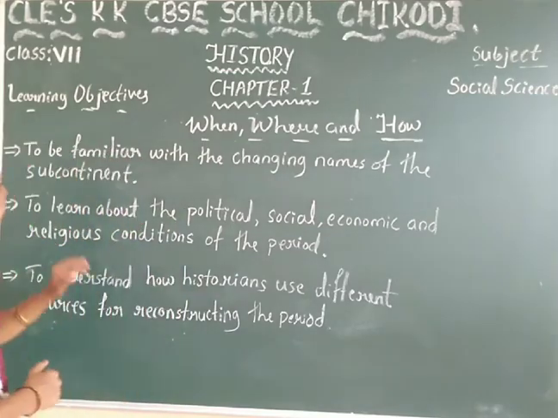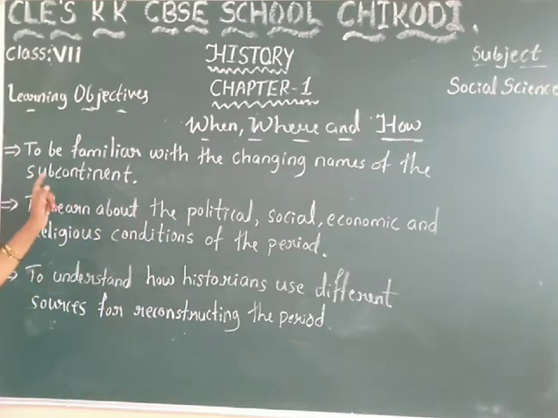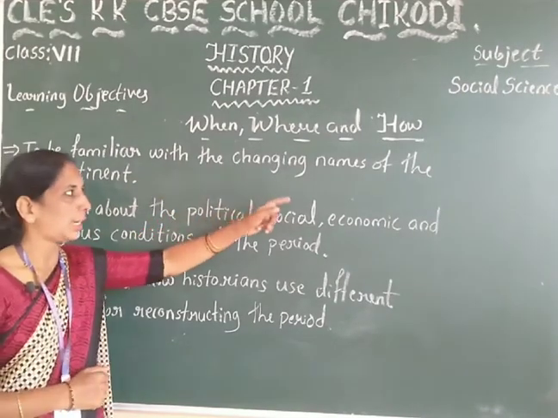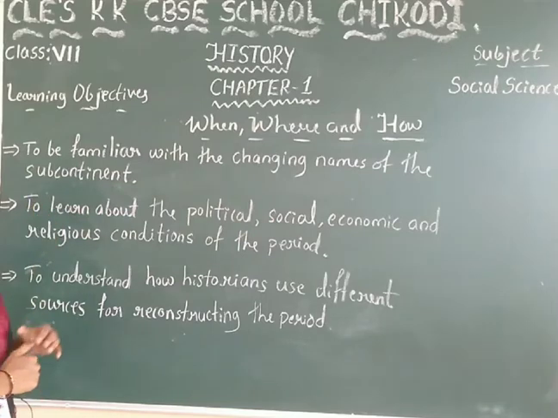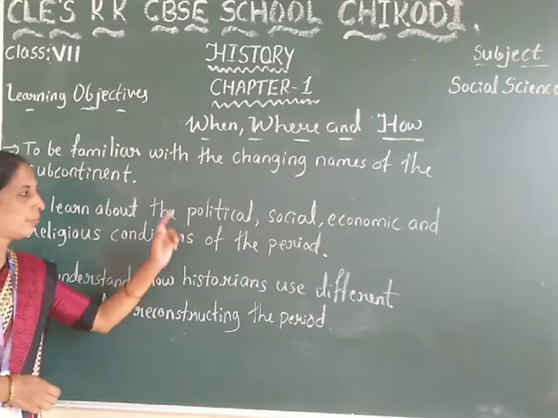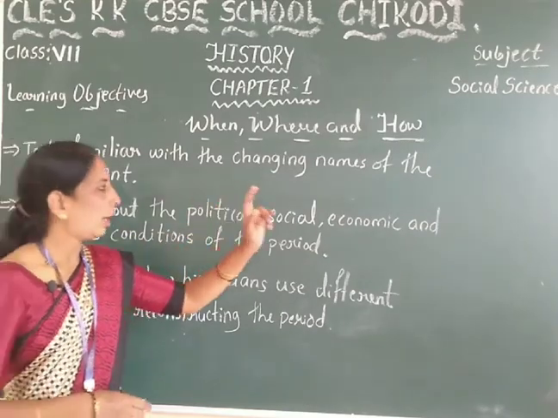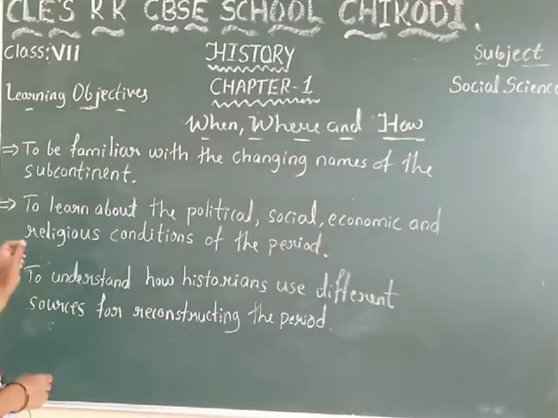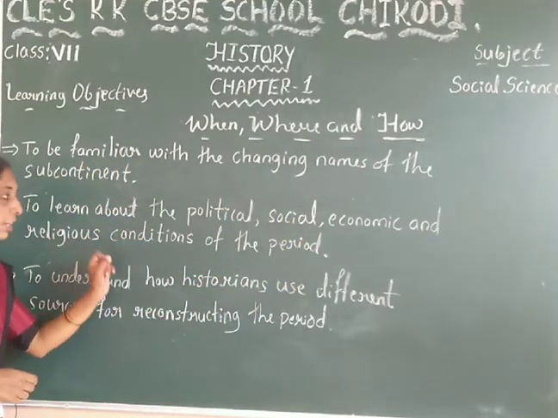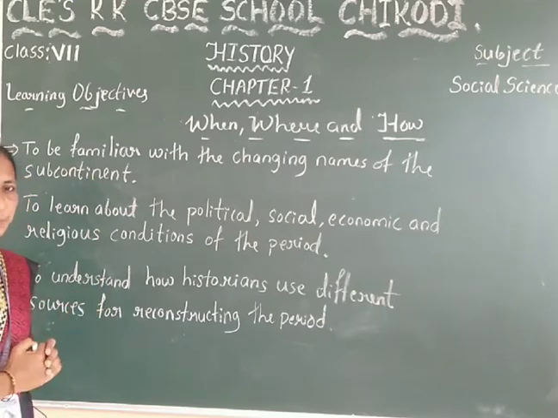See here, the first objective is to be familiar with the changing names of the subcontinent, and the second is to learn about the political, social, economic and religious conditions of the period.